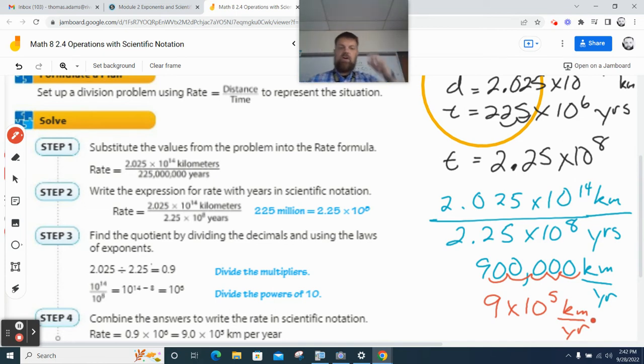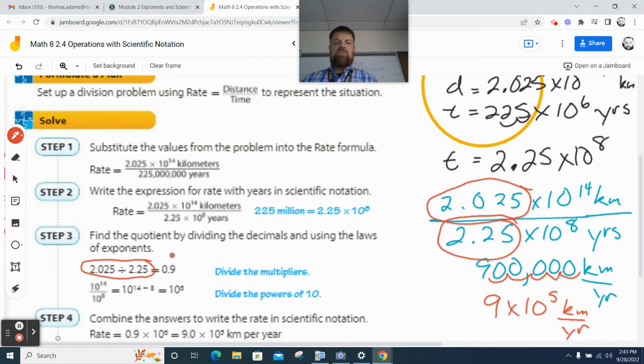Okay. But they said, hey, you could get that answer this way. Take just the coefficients of the scientific notation. In other words, take just this and divide it by this. And when you do that, you get 0.9. Then they said, take this and divide this by this.